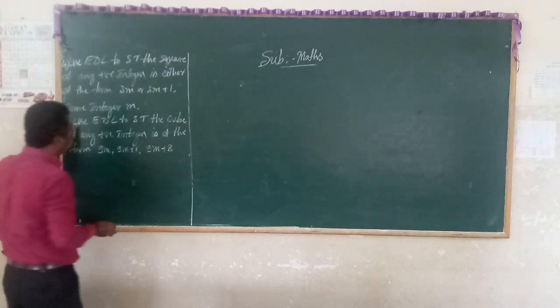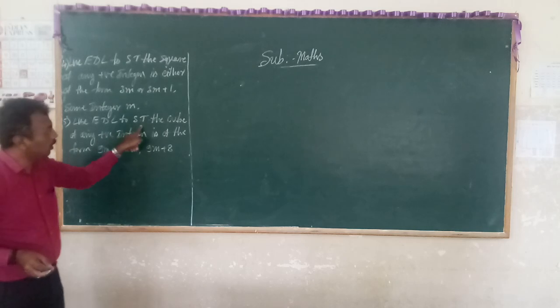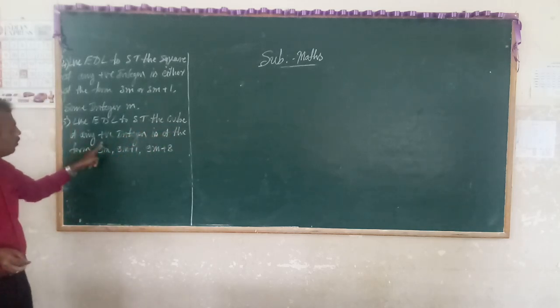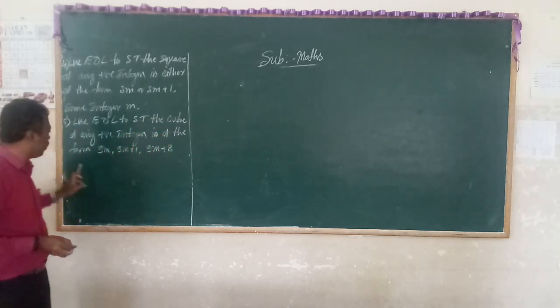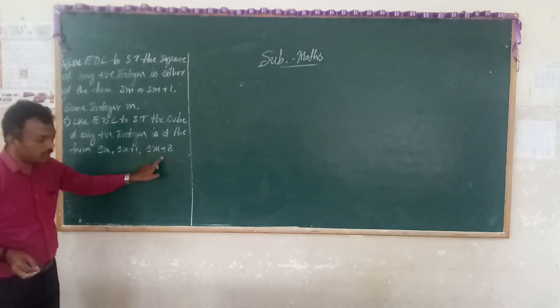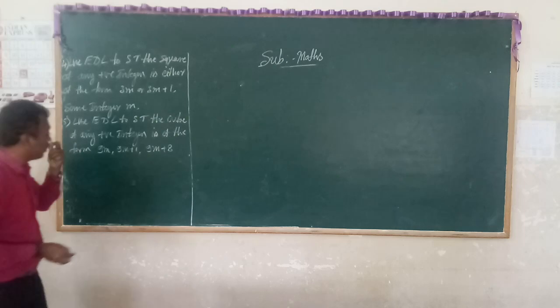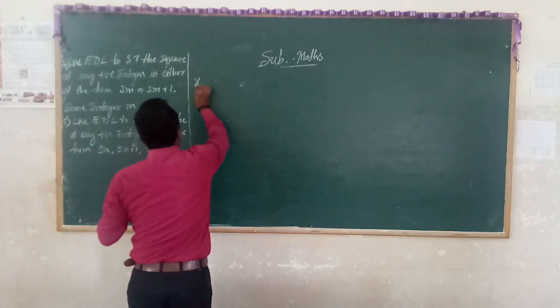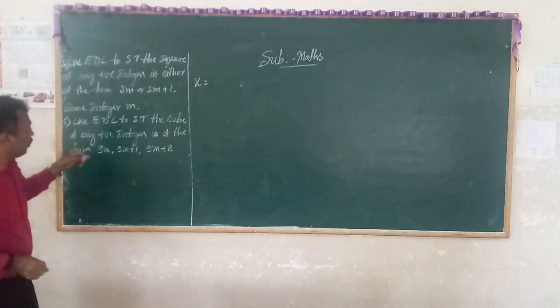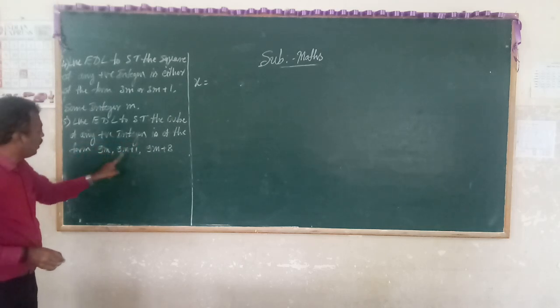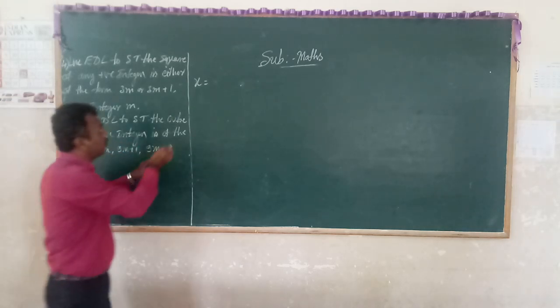The next question, use Euclid division lemma to show that the cube of any positive integer is of the form 9m, 9m plus 1, 9m plus 8. Same as it is. Here squaring, here cubing. Okay students, let us take x to be any positive integer. I will take 9m, 9m plus 1, 9m plus 8 is there.